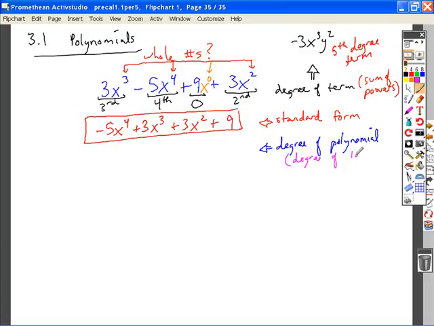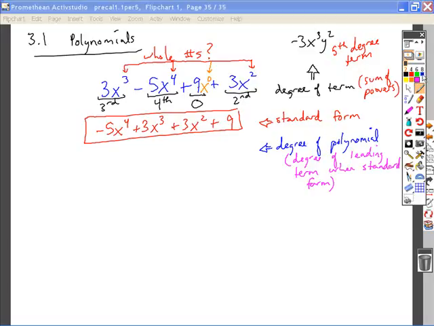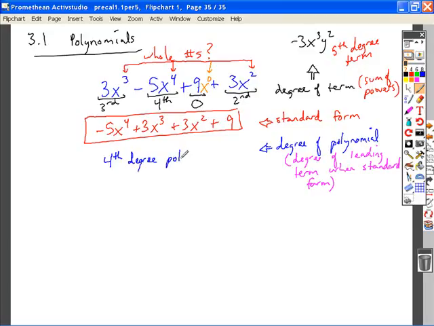And so it's going to be the degree of your leading term when it's written in standard form. So in standard form, our highest degree term is 4, so the overall degree of this polynomial is also 4. And so this is a 4th degree polynomial.